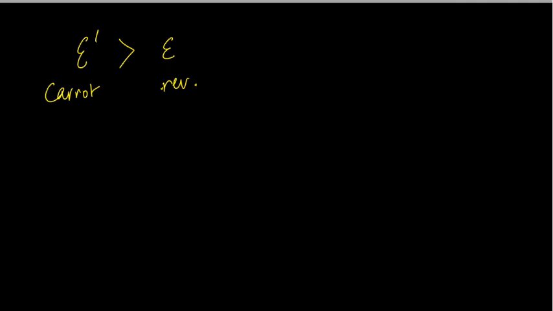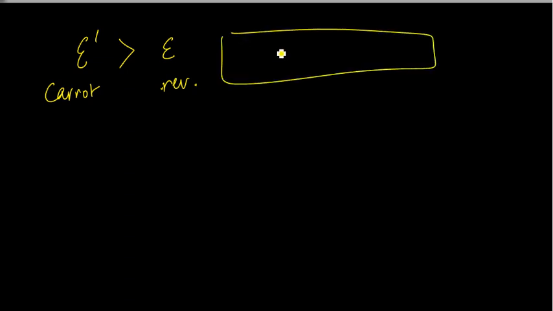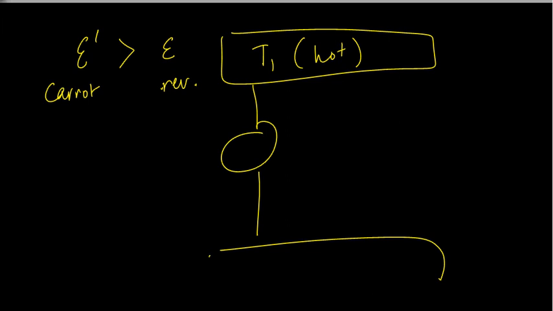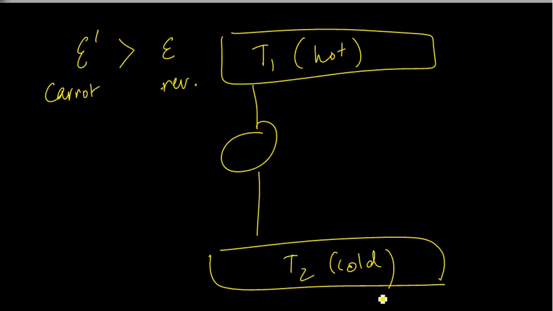So we have these two engines over here. Let's just draw that also. We have T1 hot, and we have one of these engines, and T2 cold. Now the first one, let's say that's my Carnot engine, and this fellow is taking up some heat, Q1.